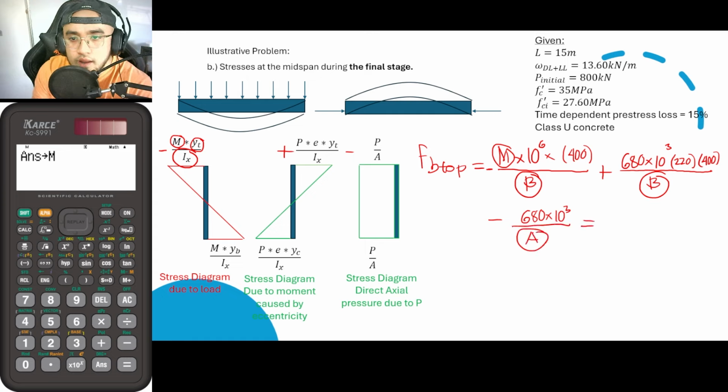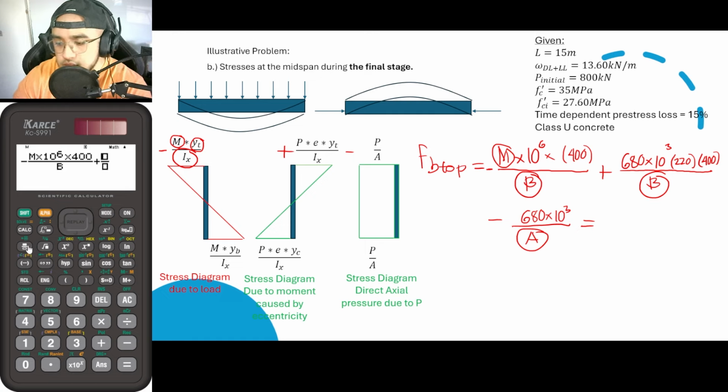area. So from that, FB top is now equal to, so let me confirm the value of M once again. That was 511.10125. So that is alpha M times 10 raised to 6 times 400 divided by alpha B. But take note that this should be negative.